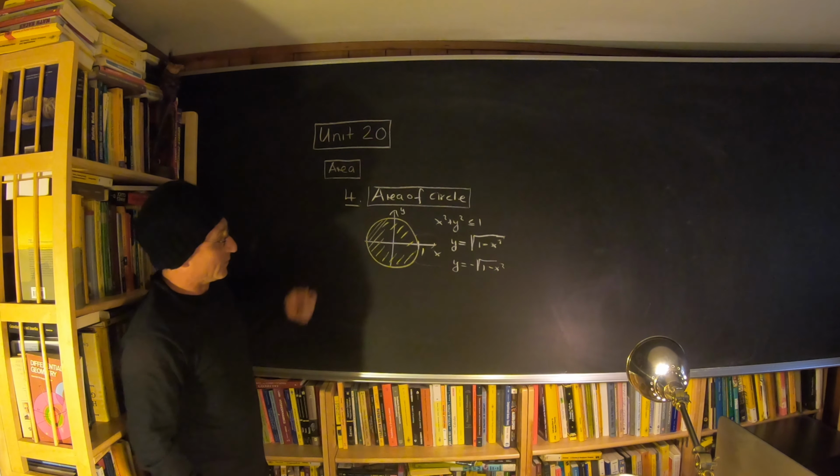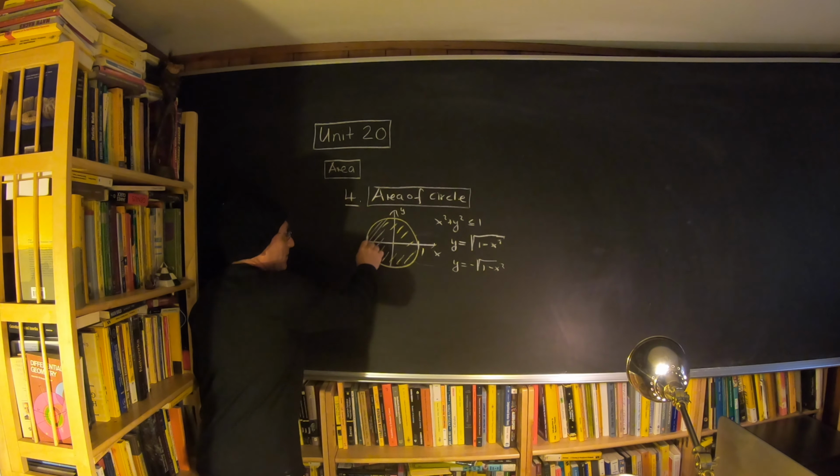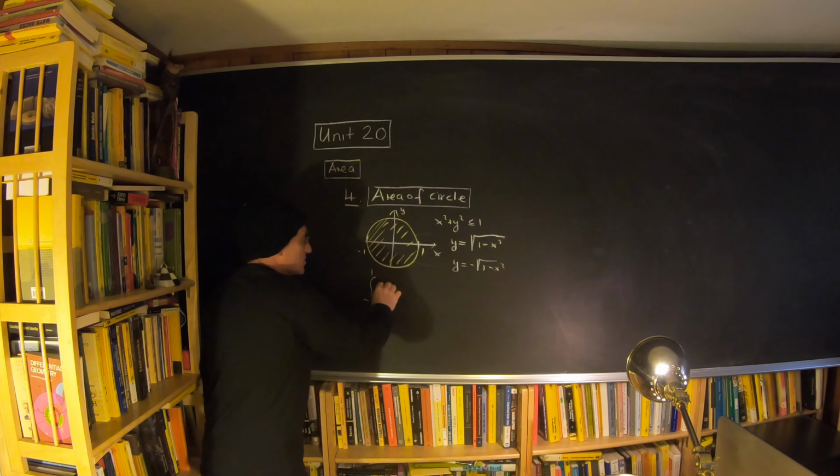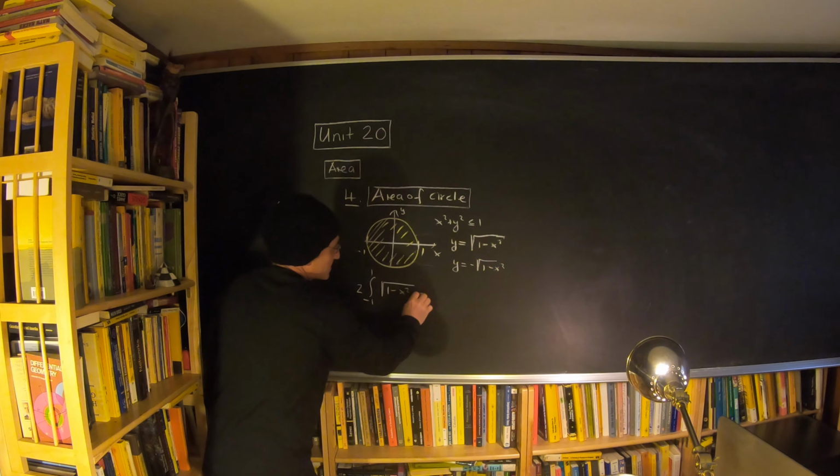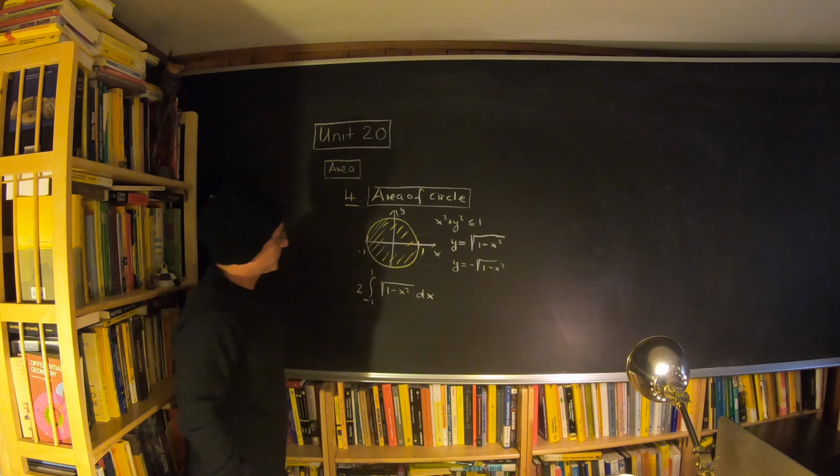So what we do is we integrate, and we have the bound from minus 1 to 1. We have the upper function, which is the square root of 1 minus x squared. We subtract the lower function, which is just minus, so that actually gives us just 2 times this integral.